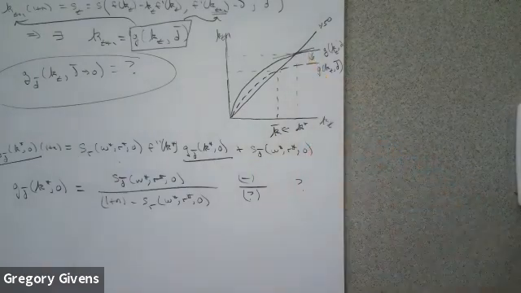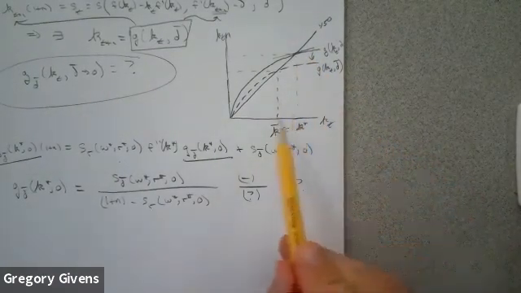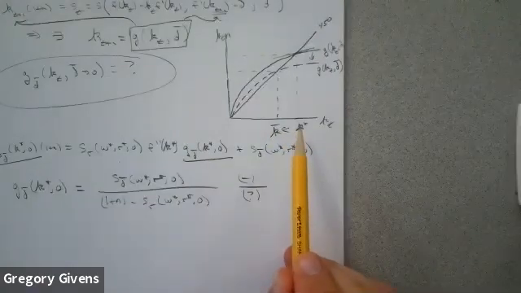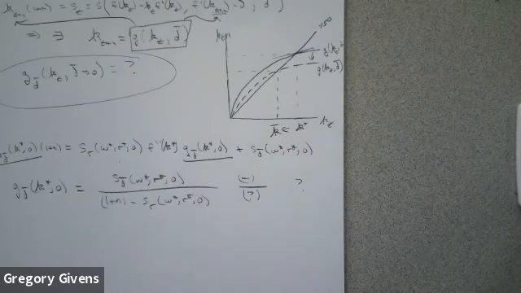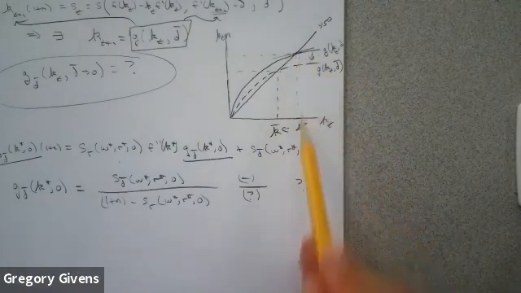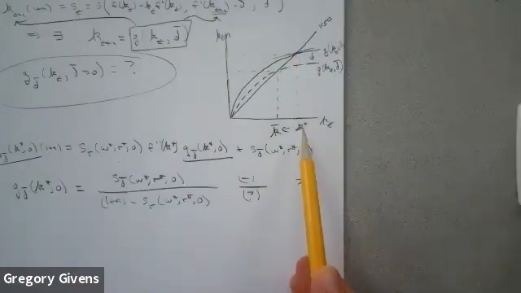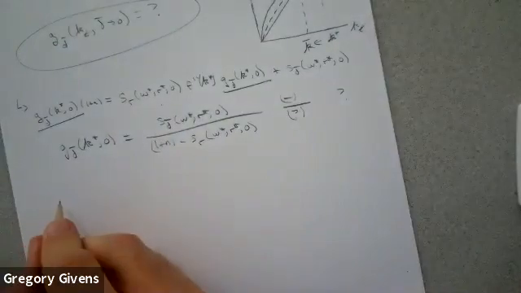That there should be stable monotonic convergence to the steady state, right? You're not going to have this kind of oscillatory dynamics to it. In other words, the slope of the G function in the neighborhood of the steady state should be what? A positive fraction, right?